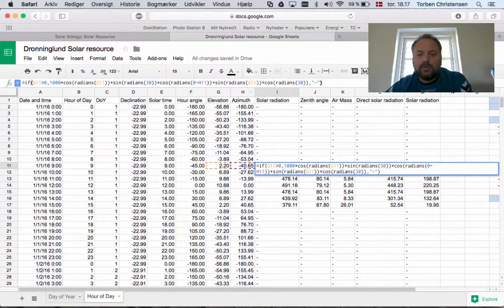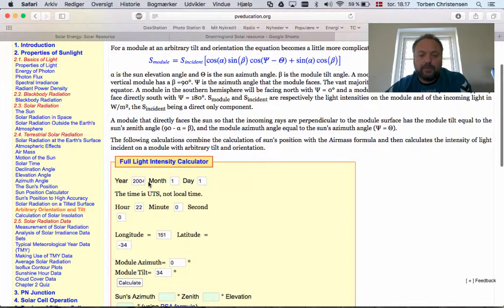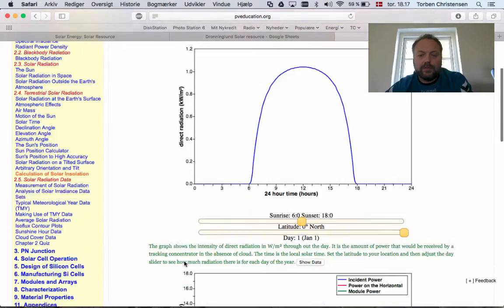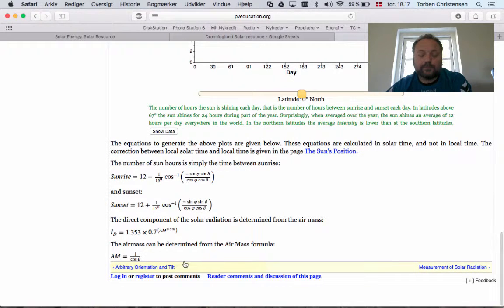You could also go a little further if we look at the next slide here in PV-CD-ROM, calculation of solar insolation. There's in the bottom here a formula where we can calculate the direct component of sunlight depending on air mass, meaning at lower elevations there will be lower direct radiation because of a longer path through the atmosphere.